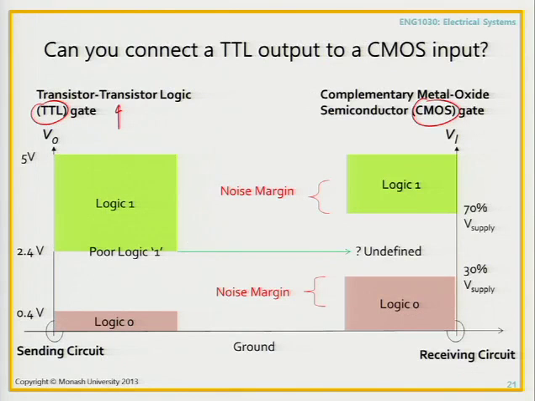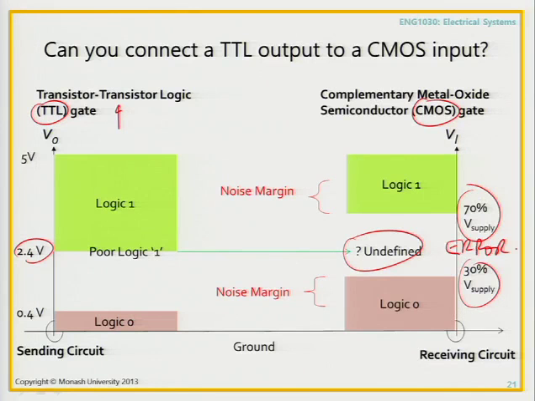Well, it just so happens that I sent a logic 1 at the minimum range of acceptable logic 1s, 2.4 volts. My CMOS receiver says, whoa, hold on. I don't understand anything that's less than 70% or greater than 30%, so this is going to give me an error.